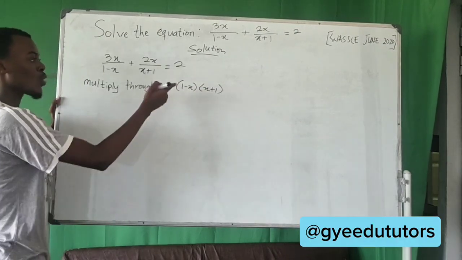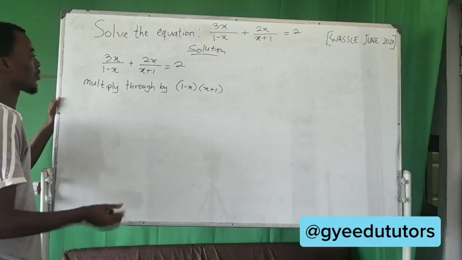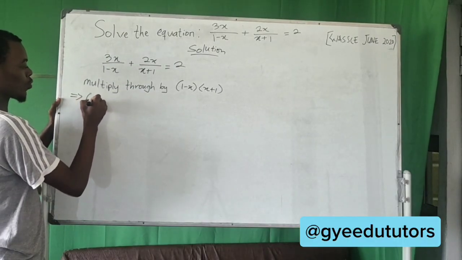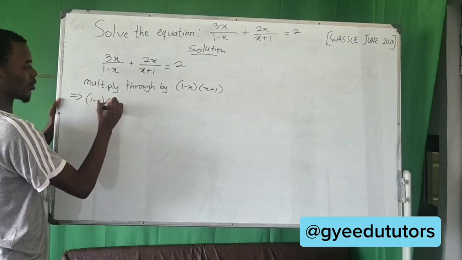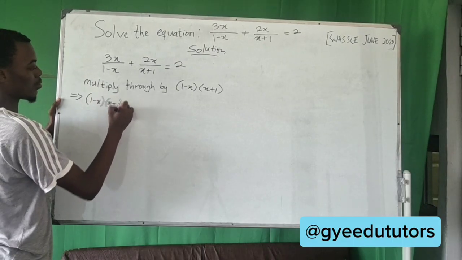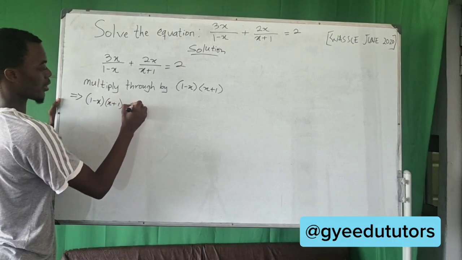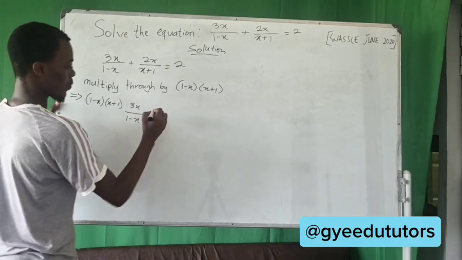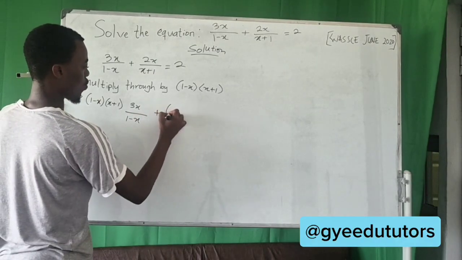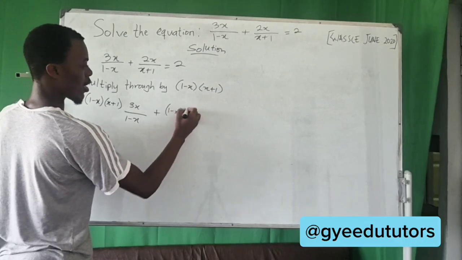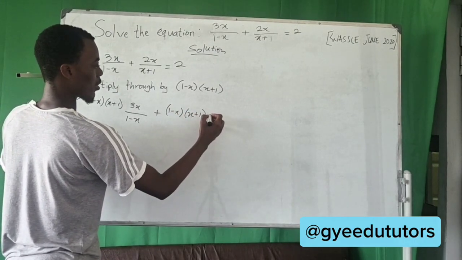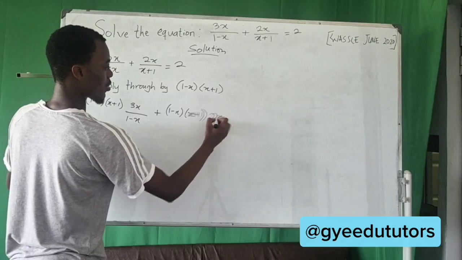Okay. So when you get to the side, multiply through by this. So now 1 minus x plus 1 multiplied by what? 3x over 1 minus x plus 1 minus x again, x plus 1 multiplied by 2x.